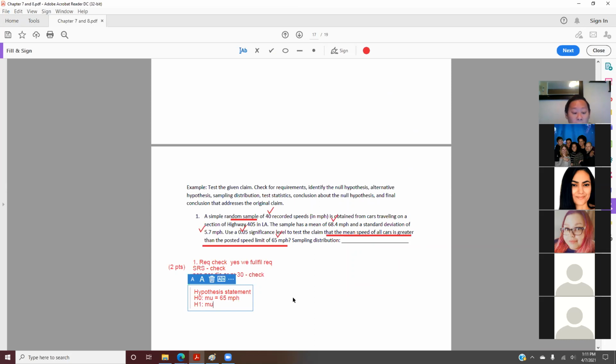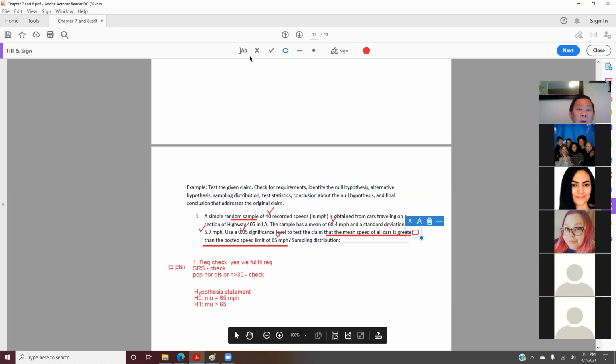And your H1, your alternative, is based on the claim. So it's either less than, greater than, or not equal to. Which one do we pick here? Greater than, claim statement. Greater than, because it is right over here. It is greater than.